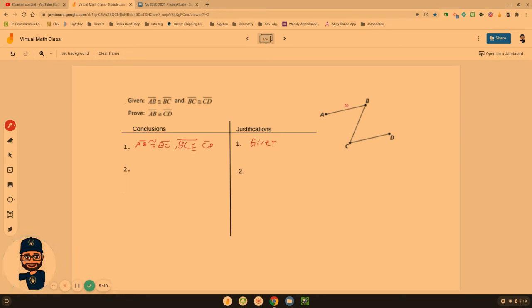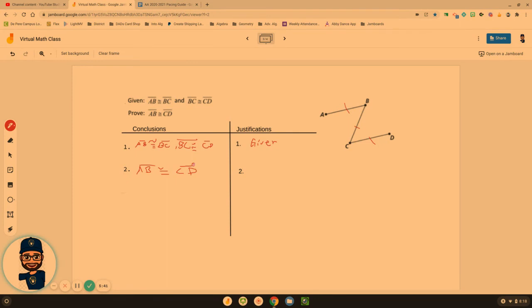So AB is congruent to BC, but BC is also congruent to CD. They are both congruent to the same thing, BC. What allows us to cut out that middle chunk and go right to saying that AB is congruent to CD?